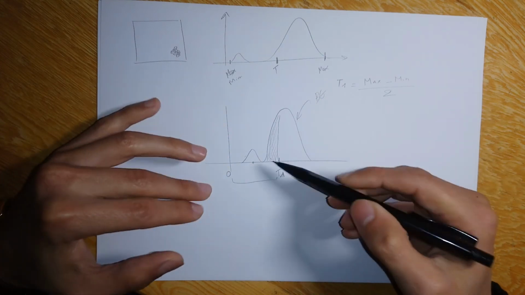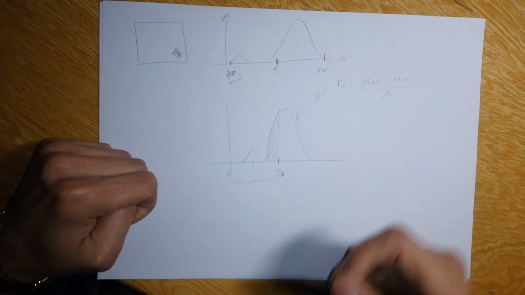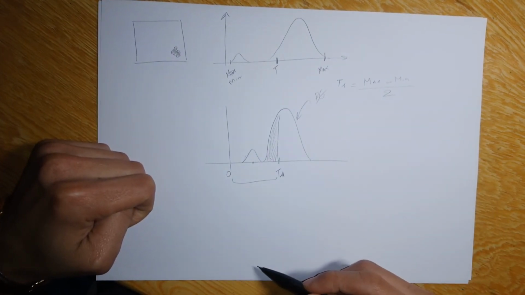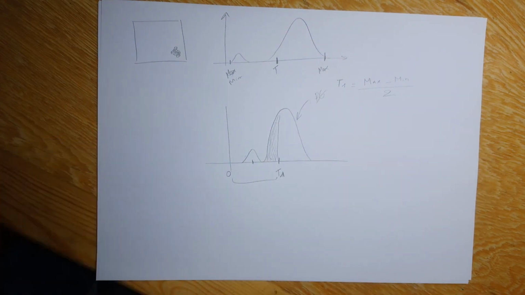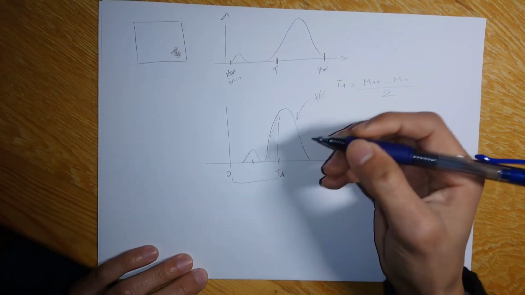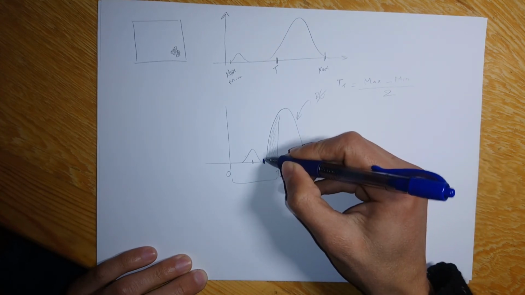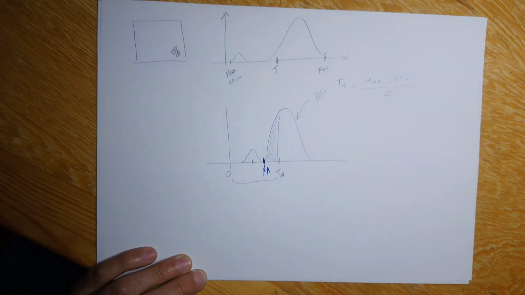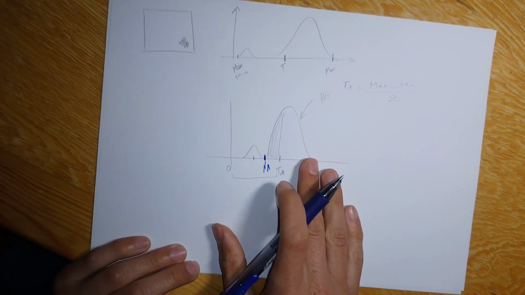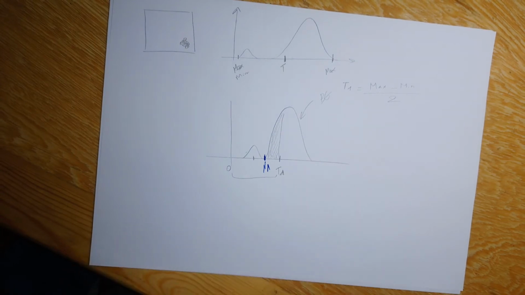It does not matter how much you iterate the algorithm, the mean is not going to converge to this center here. Rather, it's going to converge to someplace here, something like that. This is the mean. And in such cases, the algorithm that we discussed in the previous video fails.